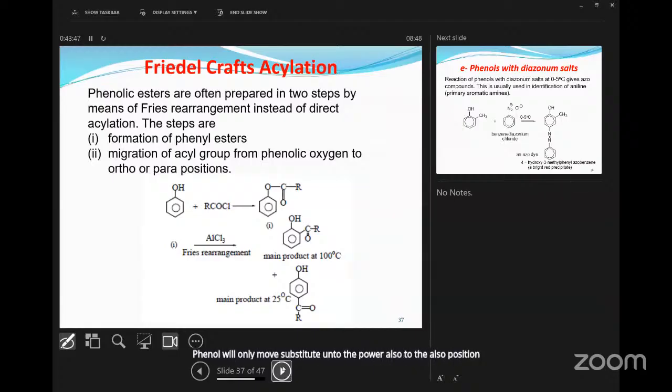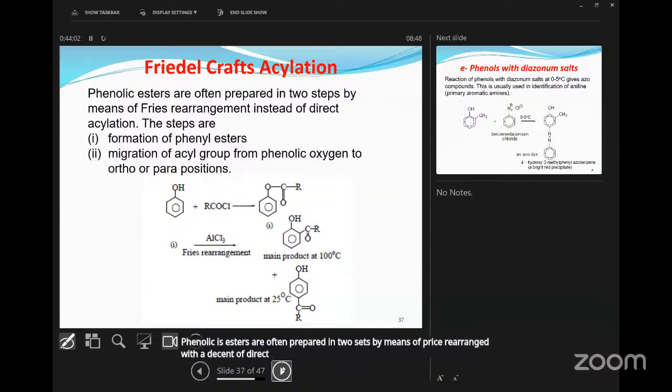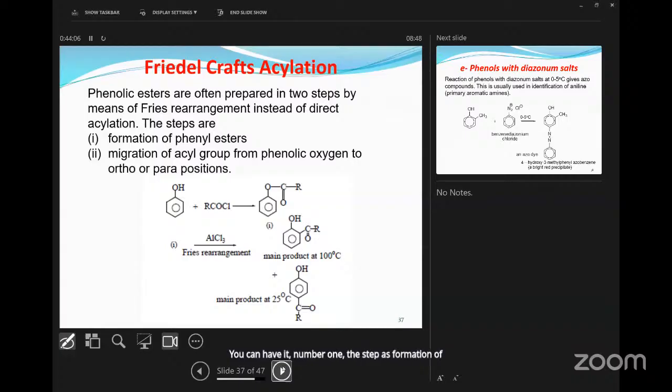So phenol esters are often prepared in 2 steps. This is just a preparation of phenolic esters, often prepared in 2 steps by means of Fries rearrangement instead of direct acylation. Number one, the step is formation of phenyl ester, and then the migration of the Ac group, which I mentioned.